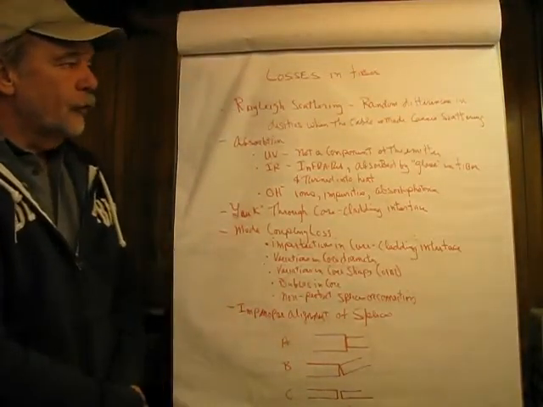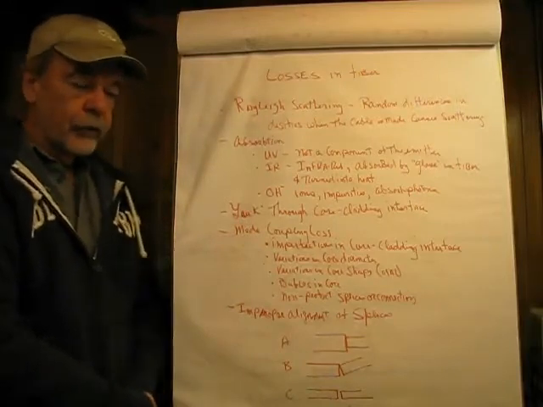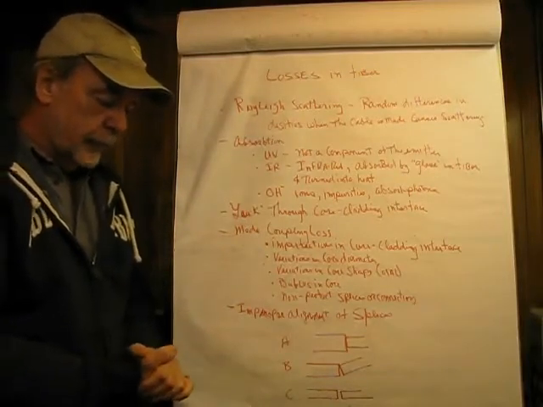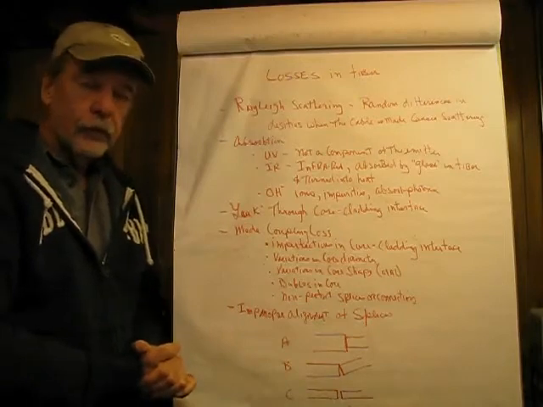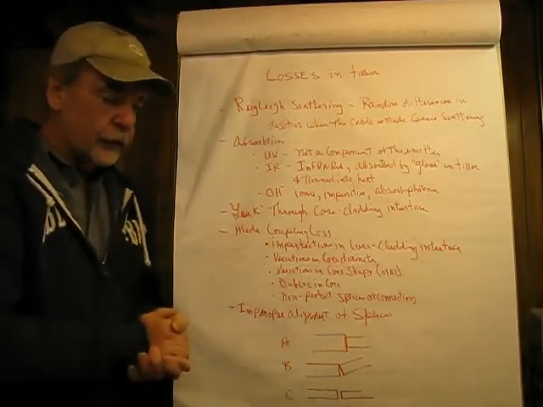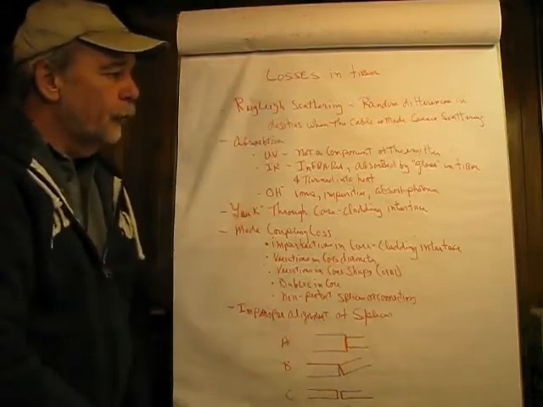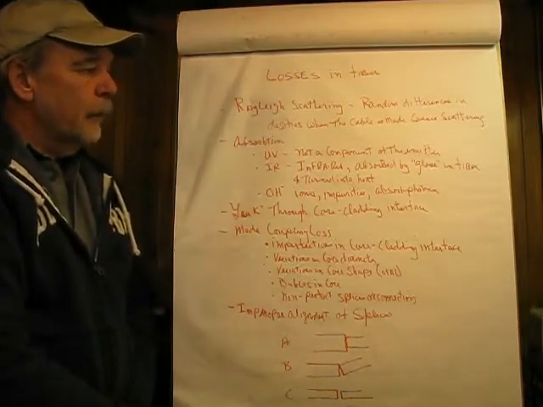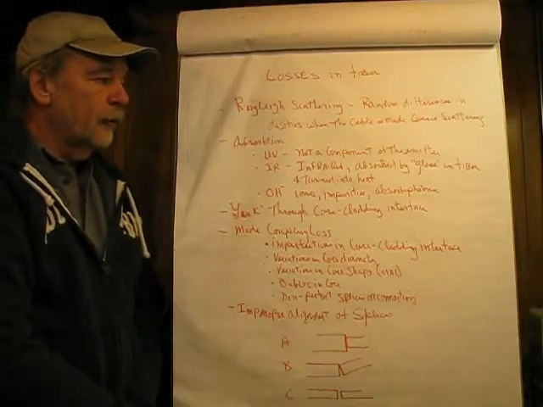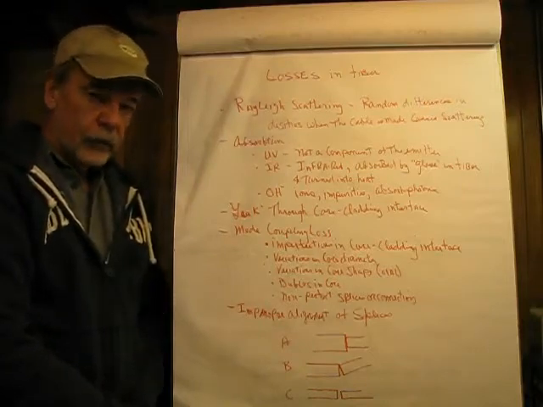Let's talk about losses in a fiber. Of course, we know transmission lines have losses, and basically a fiber is a transmission line. It guides energy, just like coax cable would, and one of the losses is referred to as Rayleigh scattering, and this is caused by relative differences in the densities of the cable when it's made.